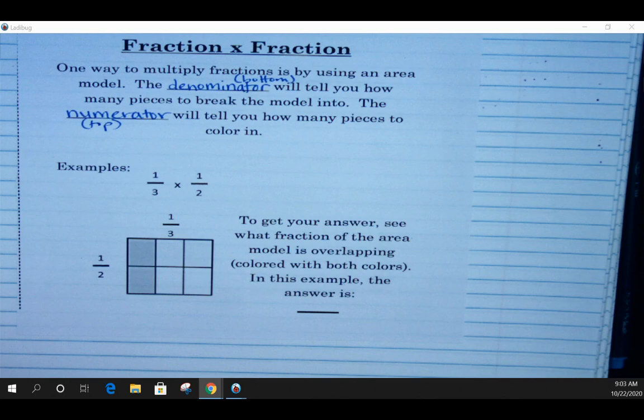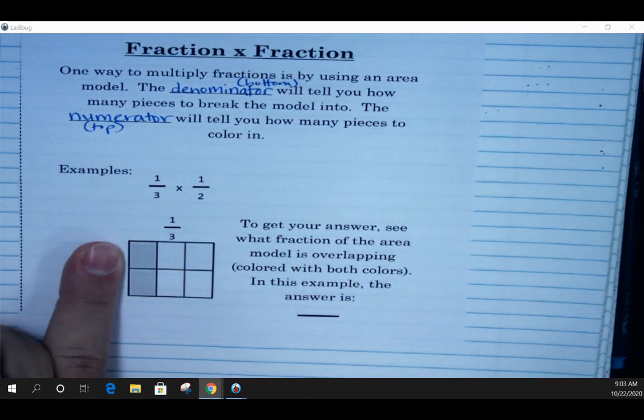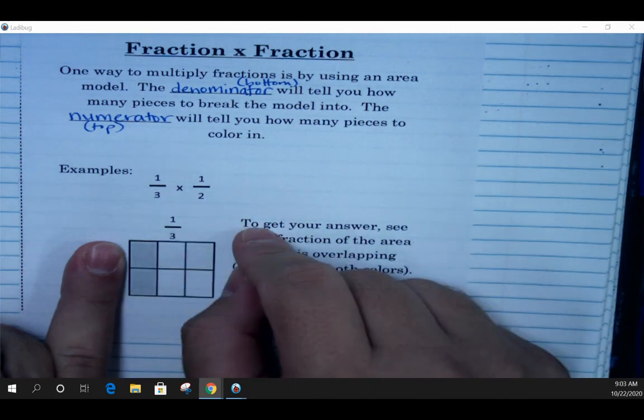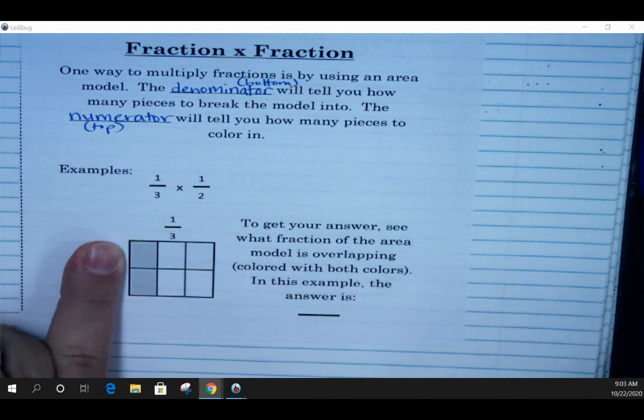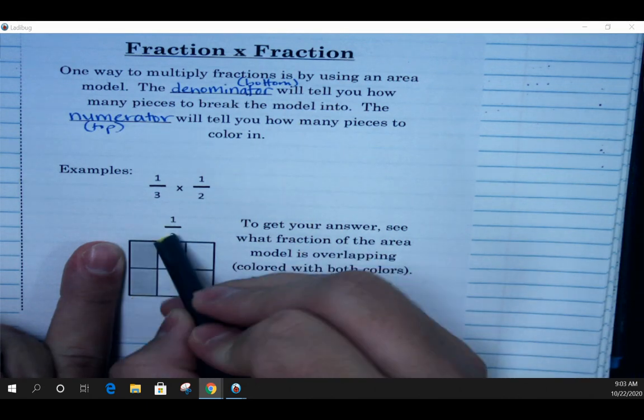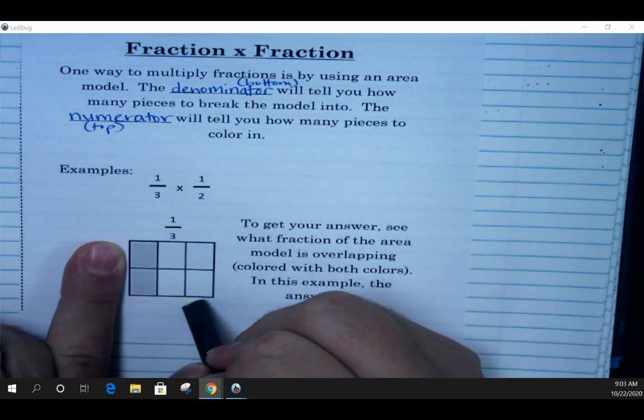So, for example, and I want you to pay very close attention. We're going to do 1/3 times 1/2. Just ignore the half for now. I have 1/3 across the top. So I drew a rectangle and I cut it into 1, 2, 3 pieces. Is everybody with me?